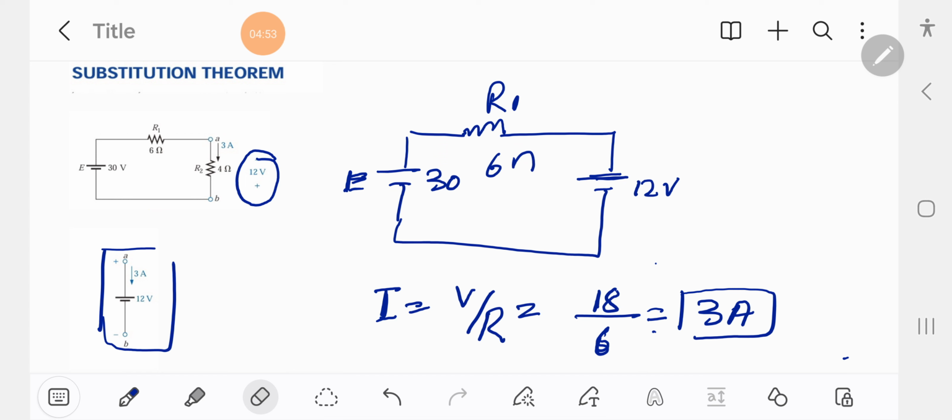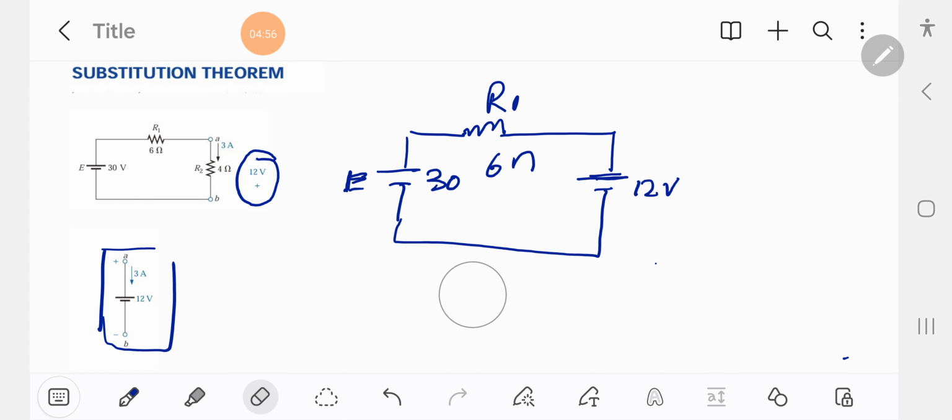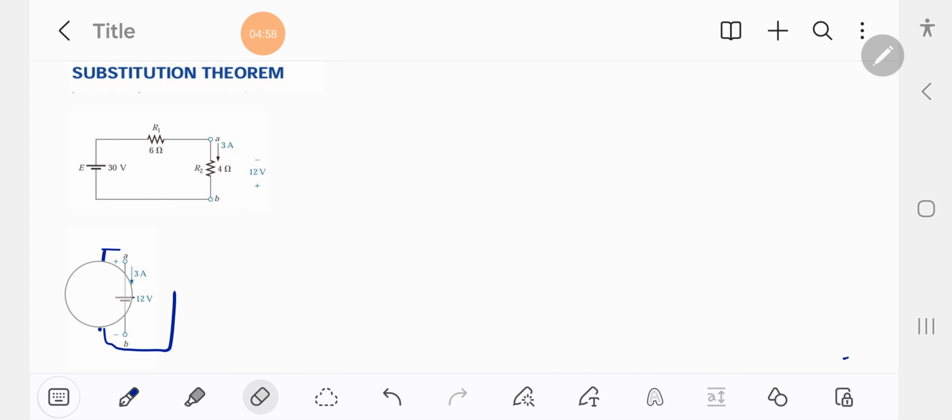So the substitution theorem tells us that we can replace this branch by any combination of elements.